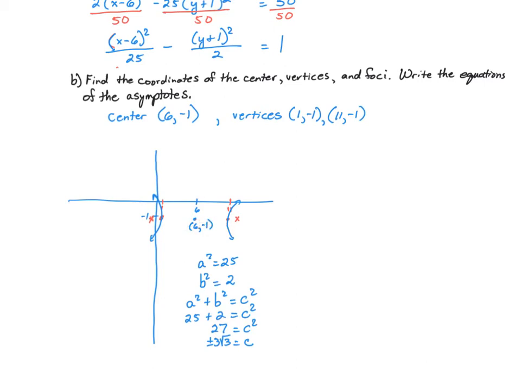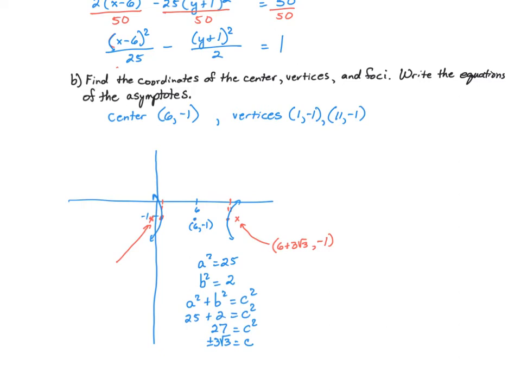That means I'm going to add 3 square root of 3 to the 6. So it's 6 plus 3 square root of 3, comma negative 1. And then over here, I'm subtracting 3 square root of 3 because I'm moving to the left 3 square root of 3.